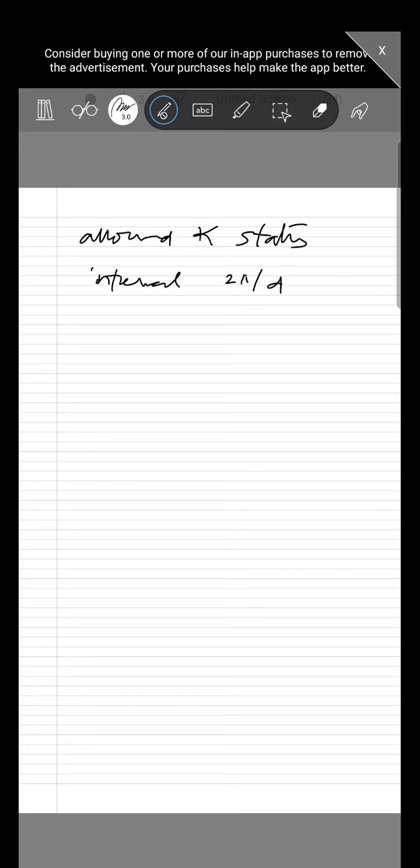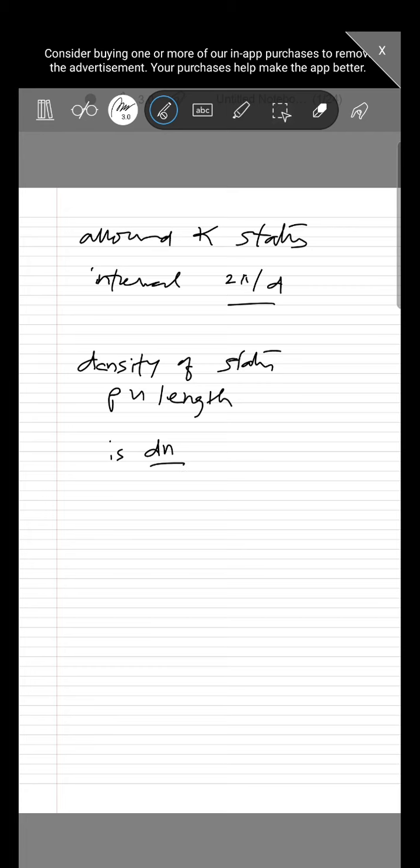So if this is the interval, the density of states per unit length, dN by dk, is equal to 1 by 2 pi.